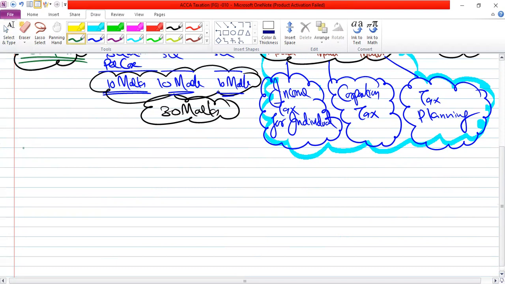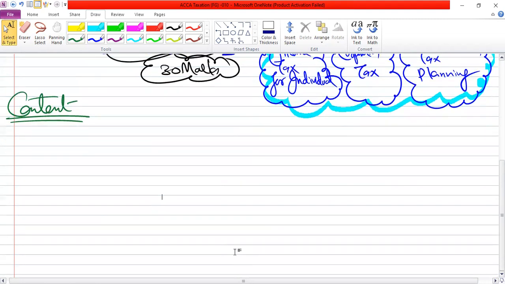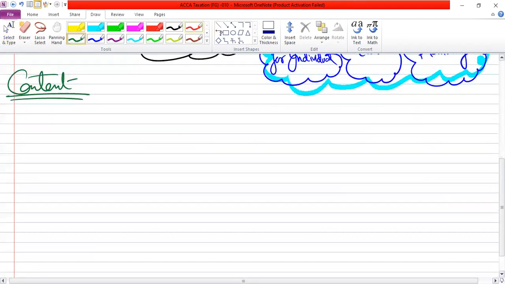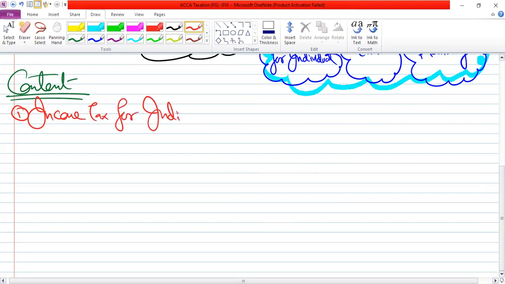The main contents or syllabus areas. The first, and you can say the very key area, is income tax for individuals.